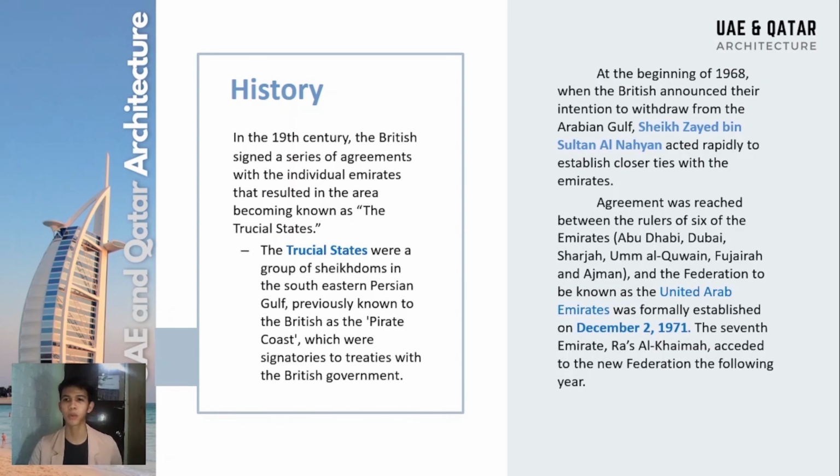Agreement was reached between the rulers of the six Emirates, Abu Dhabi, Dubai, Sharjah, Umm Al Quwain, Fujairah, and Ajman, and the federation to be known as the United Arab Emirates. It was formally established on December 2, 1971.